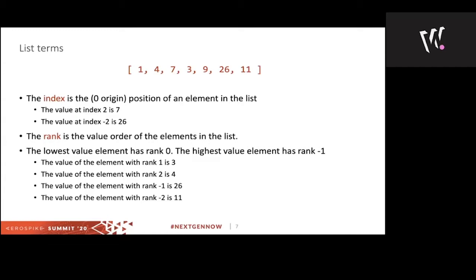If you order them by their value, their position in that new ordering is the rank. So the lowest value has rank 0, and the highest value has rank -1 in this case. So the value of the element with rank 1 is 3. You can see we have 1, 3, 4, 7, 9, 11, 26. So rank 1 is 3, rank 2 is 4, rank -1 is clearly 26, and rank -2 is 11.